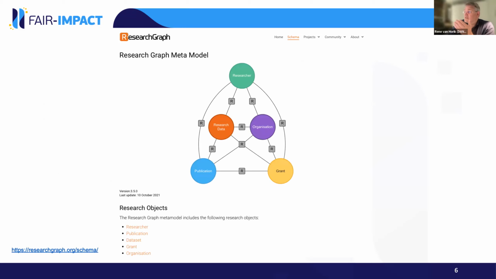The researcher is working for an organization, creates and uses data. ResearchGraph.org is an initiative to implement this model and to connect a graph of all these components in the research world. There are more initiatives, but I wanted to show this as an introduction.